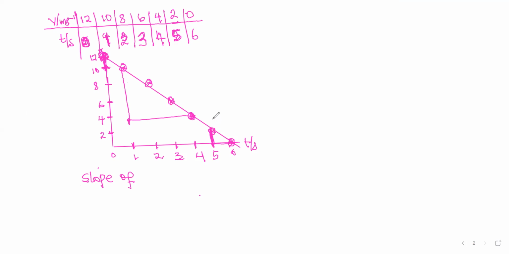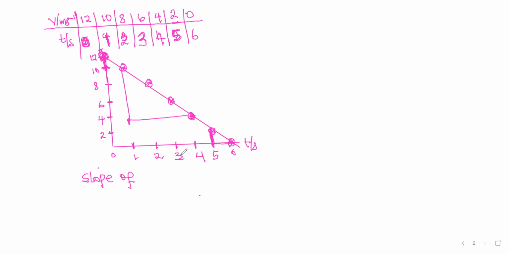Sir, the slope is -2 meters per second squared. Okay, that is the observation by Aram. Cyrus, what's the slope? Sir, the slope is -2 meters per second squared.